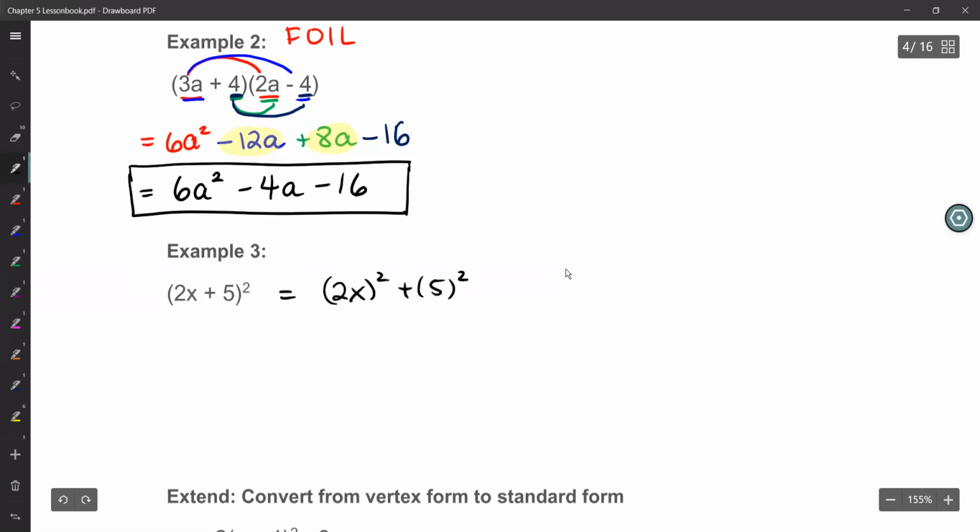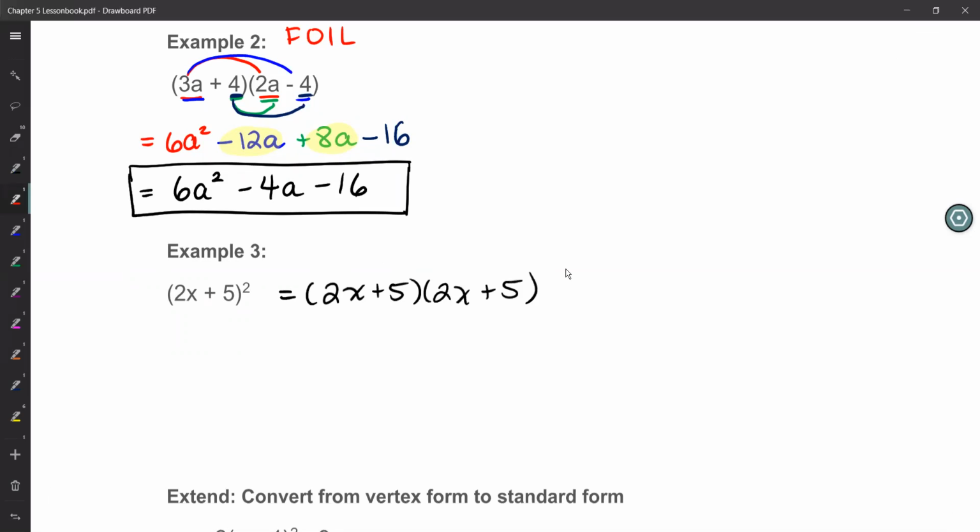That's how I expand this, but that's actually not true. When we say something squared, we mean that thing times itself. So what this actually means is 2x plus 5 times itself again. So it's 2x plus 5 times another 2x plus 5. And in order to expand this, we need to FOIL it out.